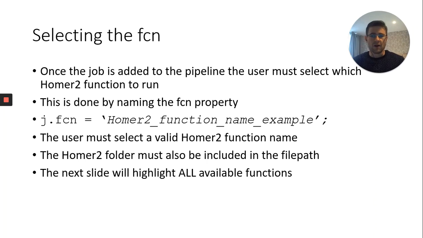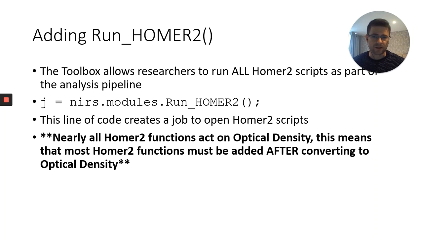So I think on the last slide, if you notice, here's the way you would actually create the Homer2 module to run Homer2. You'd call it as nirs.modules.runhomer2. And if you've seen any of the other NIRS Toolbox videos, you'll note that nirs is merely a folder, modules is a subfolder, and runhomer2 would be the actual function.